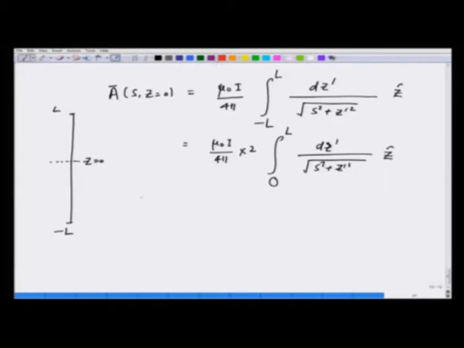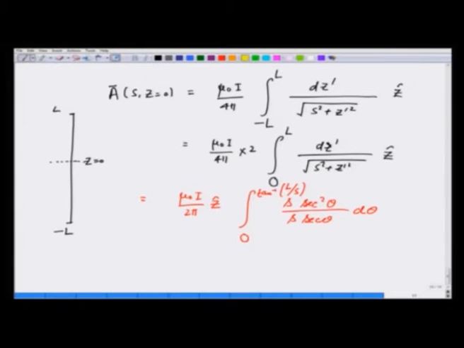So, I get this to be equal to mu naught I over 2 pi in the z direction integral, again making a substitution, z prime equals s tangent theta. I get s secant squared theta over s secant theta d theta. Theta is going to vary from 0 to tan inverse L over s.